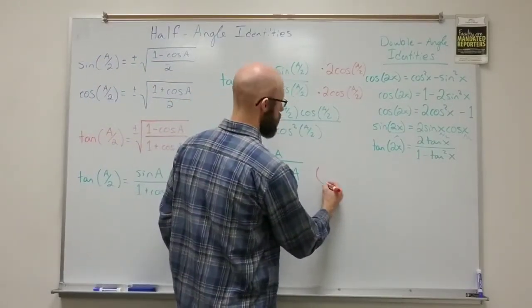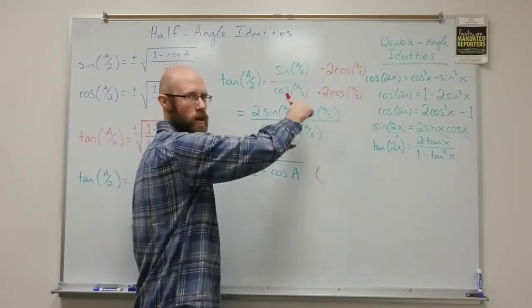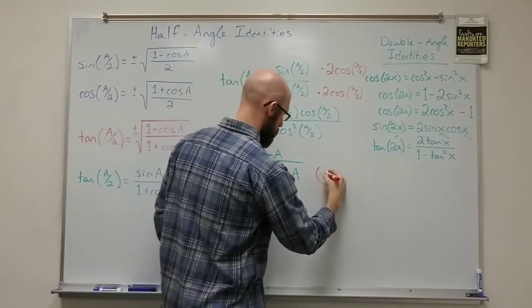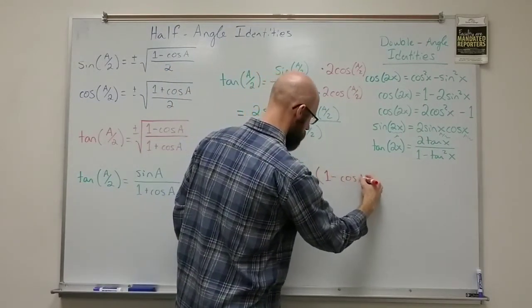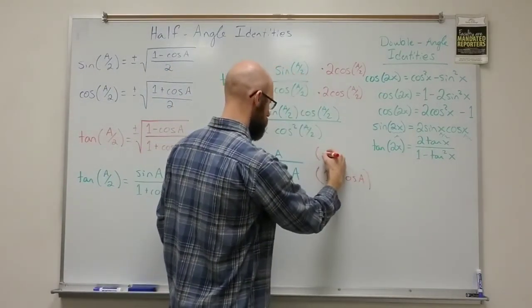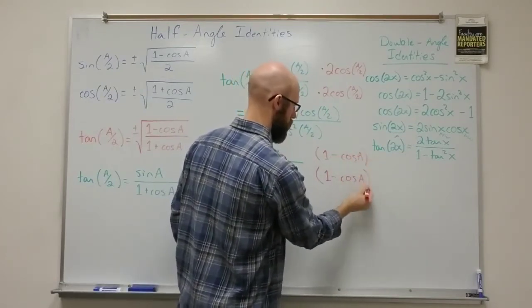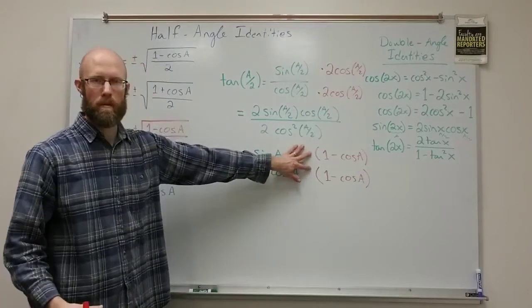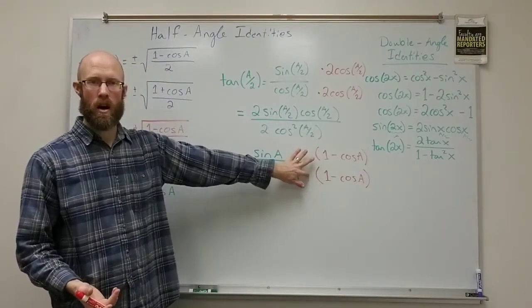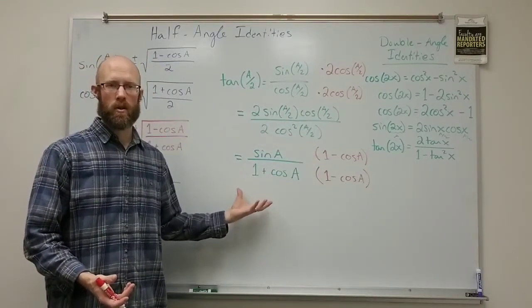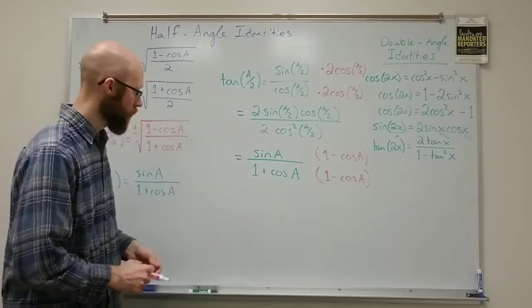Again, this is another little trick like we did up here. If I take this and multiply by 1 minus the cosine of a, and do the same thing to the top. Again, I'm just multiplying by 1, right? It's the same thing over itself. So it's not going to change the value of this fraction, just what it looks like.